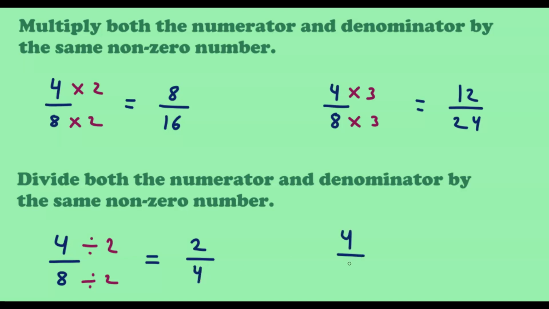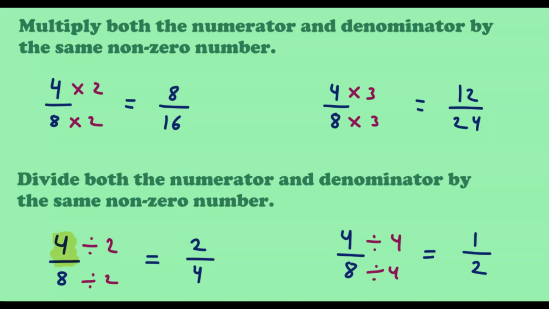Now if we once again consider 4 over 8, and this time we divide the numerator and denominator by the number 4, then what do we get? We have 4 divided by 4, that is 1, and 8 divided by 4 is 2. So what do we end up with?